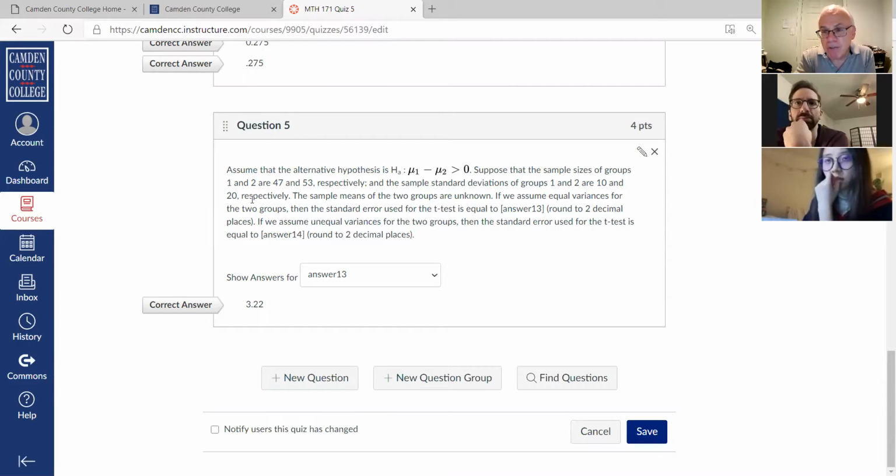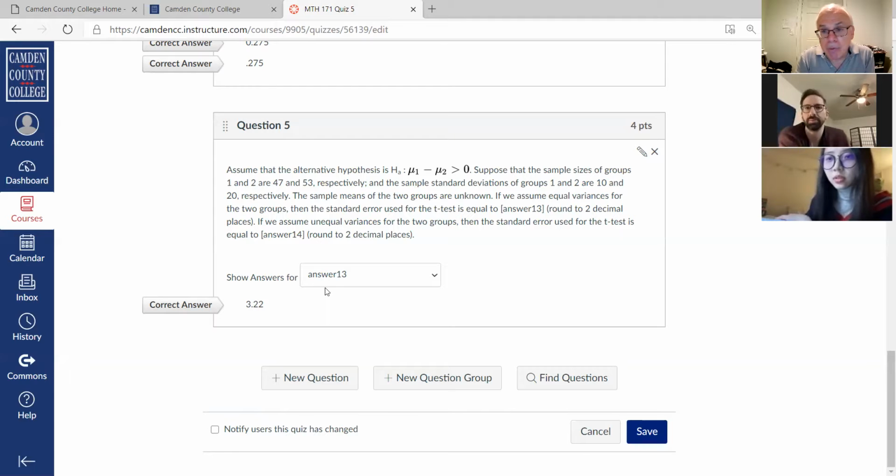Then you just plug it into that formula with the n's and everything, and you get your pooled variance. Once you have that, it's easy. Just plug it into the square root in the denominator of the test statistic with the 1 over n1 plus 1 over n2, and you get your answer. And the answer is 3.22.